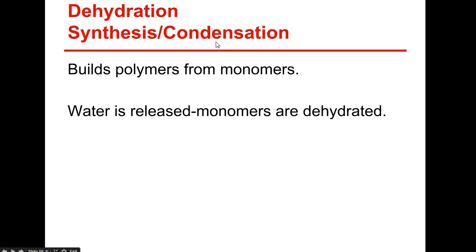When we take the monomers and put them together, the hydrogens and oxygens are released because the monomers don't need those hydrogens and oxygens anymore to build polymers. Those hydrogens and oxygens are released as water. So our monomers are dehydrated, or water is condensed out of our chemical reaction. Remember, dehydration makes.